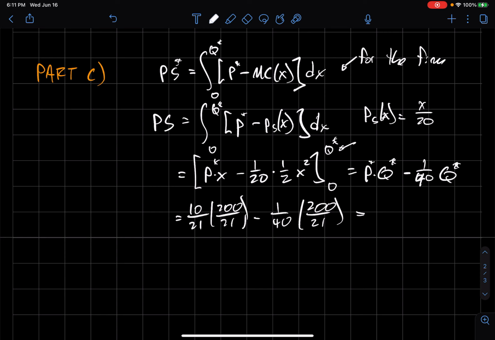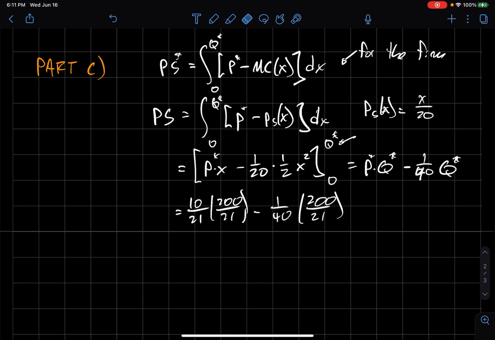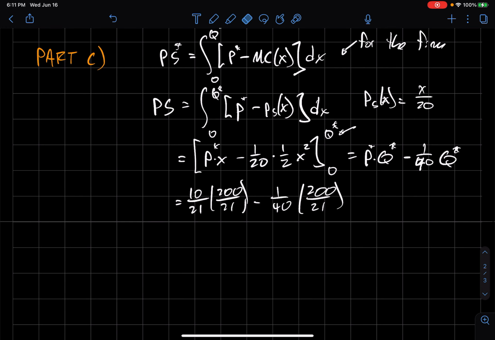So we can multiply. I'm just going to leave this as is for now. And let's do this for the firm and just verify that these are equivalent. So for PS, we'll use star just to denote the firm.